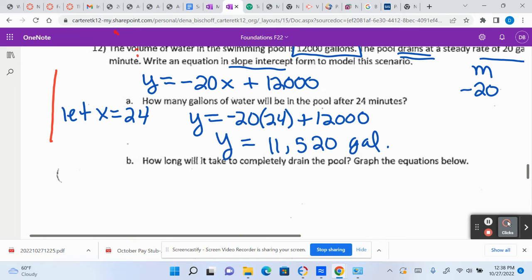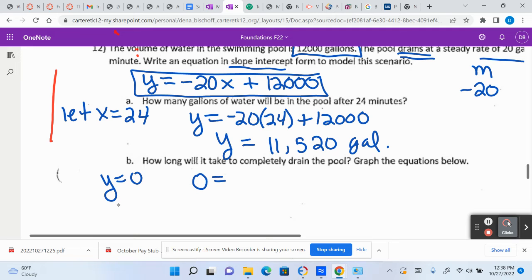When I drain the pool, how much water is in it? No, I started with 12,000. When I completely drain the pool, 0. That means y equals 0. So can I use this equation and let y equal 0? So that's 0 equals negative 20x plus 12,000.